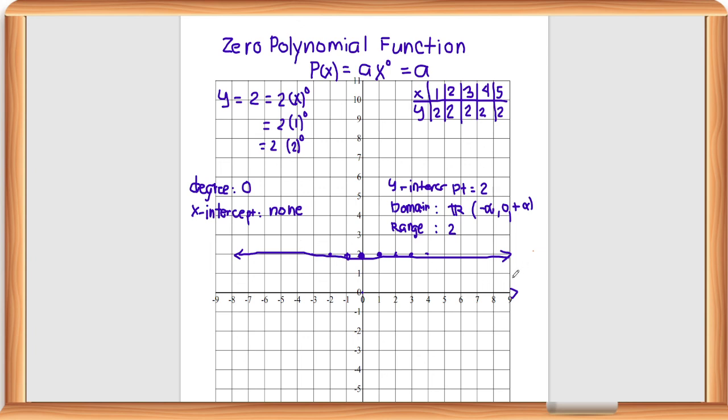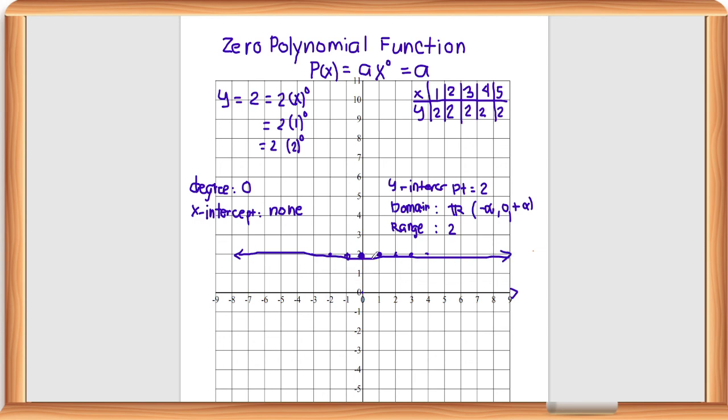And then, can you factor this? It has no variable, so it has no factor. And the number of factors, of course, none. And the number of turns, does it turn? It does not turn. It goes straight. You can see there is no turning back of the arrows here.